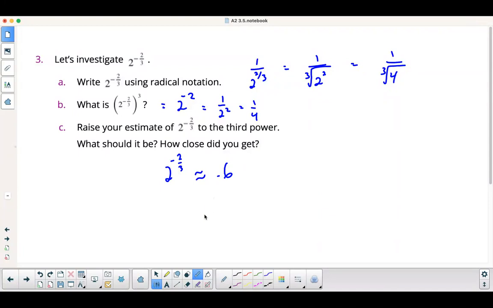So if I cube 0.6, let's get my calculator. I should get close to 1/4. 0.6 cubed is 0.216. So my graph might have been a little bit off, but I was still pretty close. Okay, 1/4 is 0.25. So we were close, but a little off.